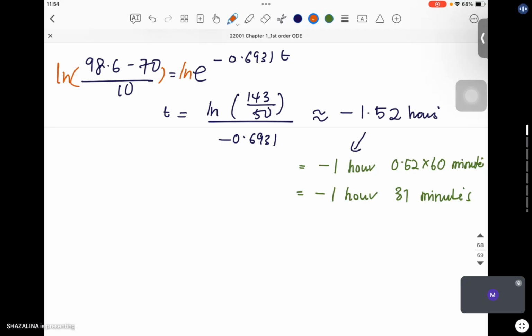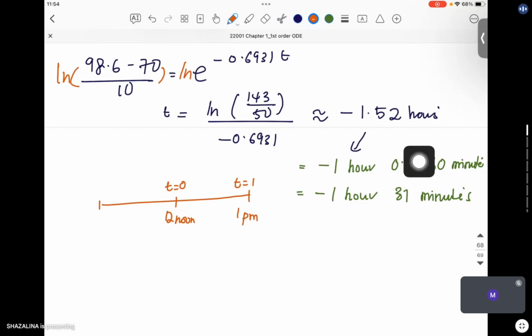So based on the time frame, tadi kita ada t0 at 12 noon, t equals 1 at 1 p.m. When it goes to negative, it should be here. t equals negative 1.52, we need to find the difference between 12 noon and 1.52 hours.